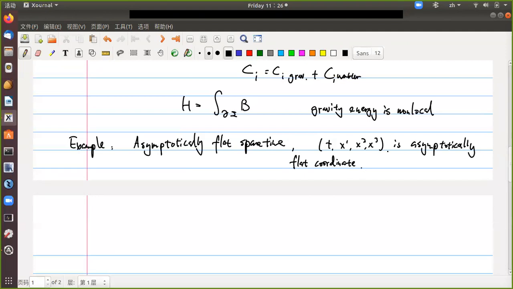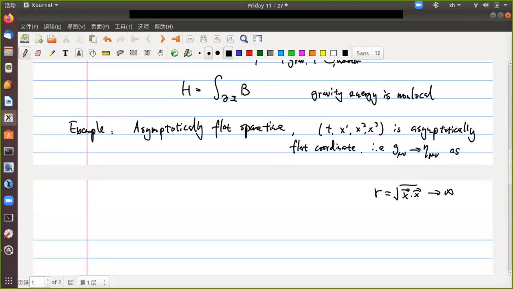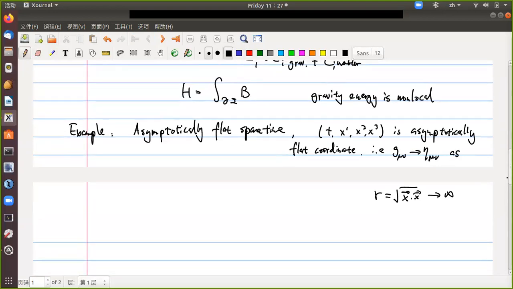Namely, g mu nu in that coordinate reduces to eta mu nu as r equals the square root of x dot x goes to infinity. So this is the definition of an asymptotically flat coordinate. And this coordinate defines a 3+1 decomposition because you have time and space.